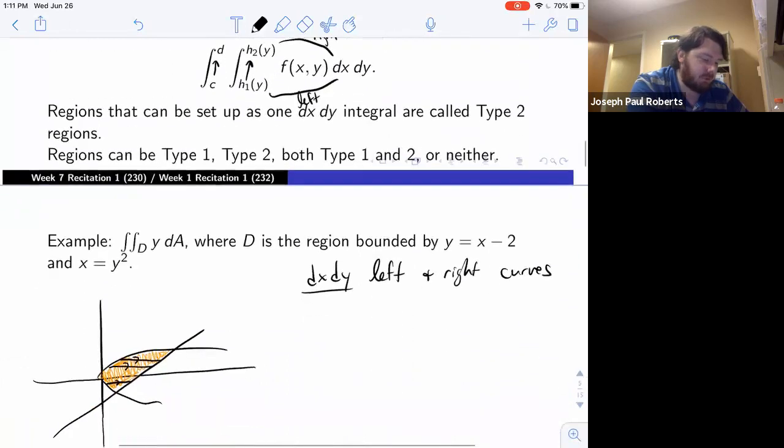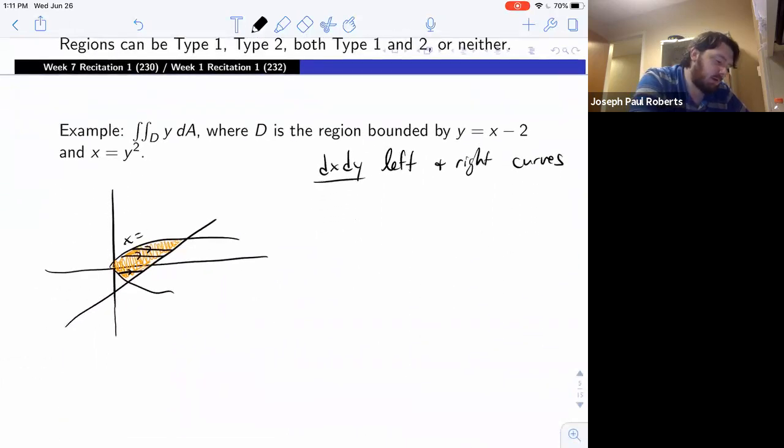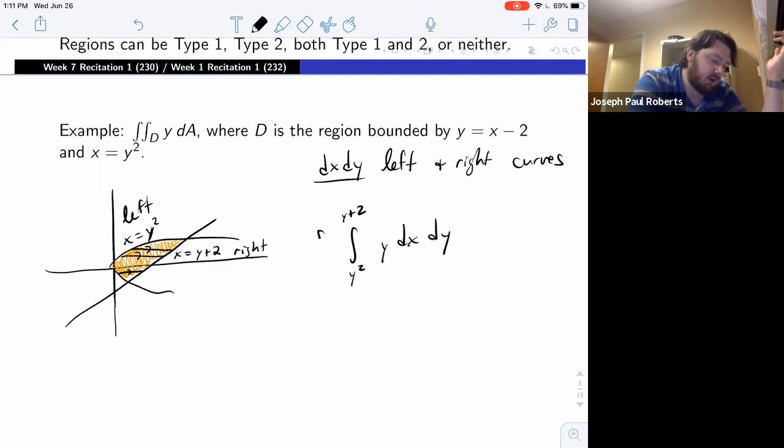And so sometimes that's all ready to go for you. The parabola is already given to me x as a function of y, x equals y squared. However, the right curve is not quite given to me in that form, but it's pretty easy to move things around and see that x equals y plus 2 is the right curve. So essentially, those are going to be our x bounds on the inside. So we'll have y squared on the left, and then y plus 2 on the right, y dx dy.